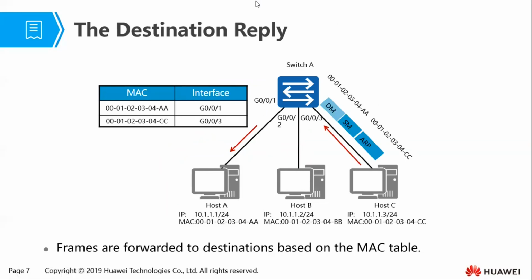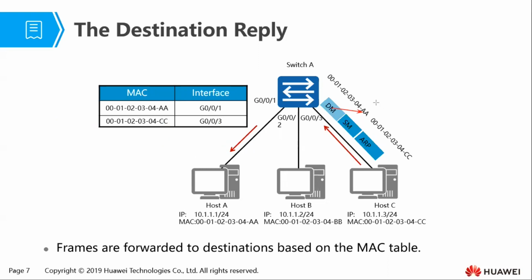As you know, an ARP reply is a unicast, because this device already knows the IP and the MAC address of host A. So you can see the destination MAC address is the MAC address of host A. Once the switch receives that, just like it did with host A, it's going to update that particular entry for host C, the MAC address and the interface via which it has been connected, in its MAC address table.